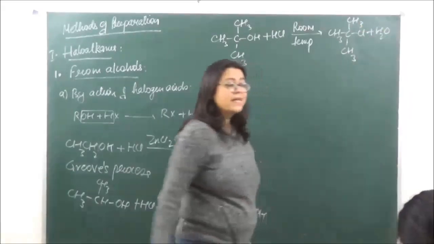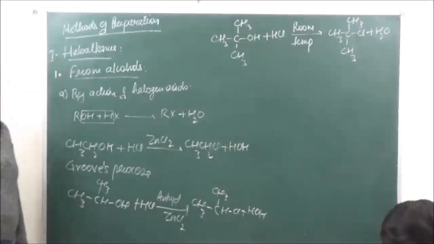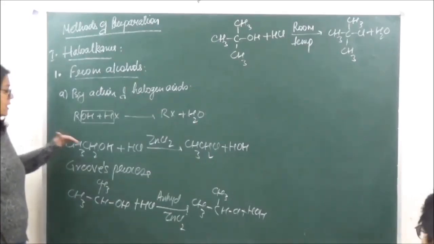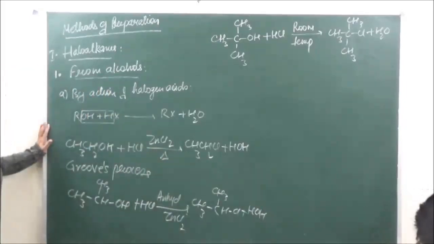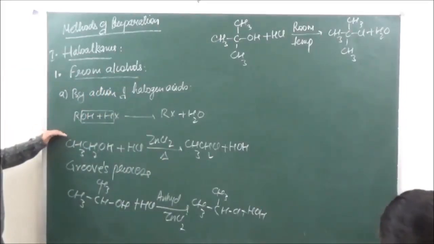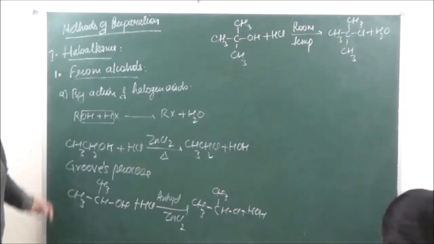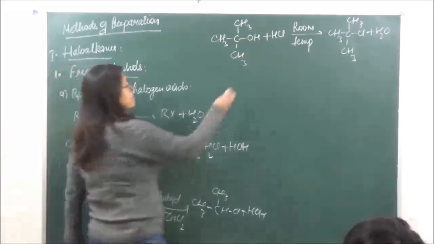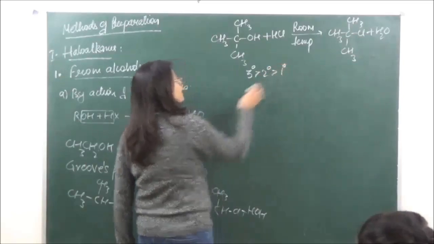So this very clearly indicates that the tertiary alcohols are going to be highly reactive. If you're comparing these three reactions, in the first one we need to heat the reaction mixture. Basically, this is going to be the least reactive and tertiary is going to be the most reactive. So the order of reactivity is 3 degree, 2 degree and 1 degree.